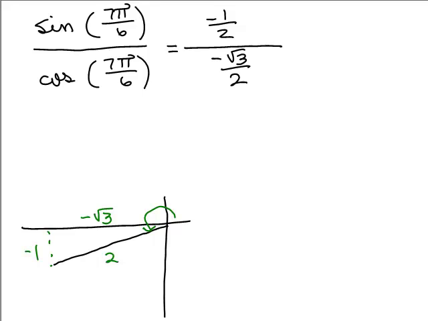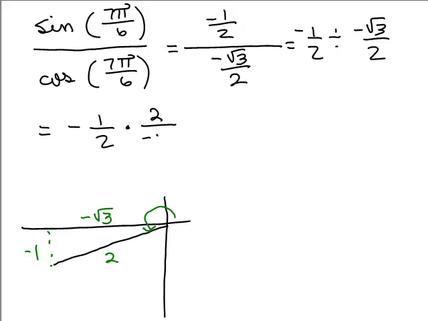All right, well, this is a complex fraction. So what you could do is say, well, that's the same thing as negative 1/2 divided by negative square root of 3 over 2, and then multiply by the reciprocal. So that'll give us, oops, this was a negative 1/2. Negative 1/2 times 2 over negative square root of 3.